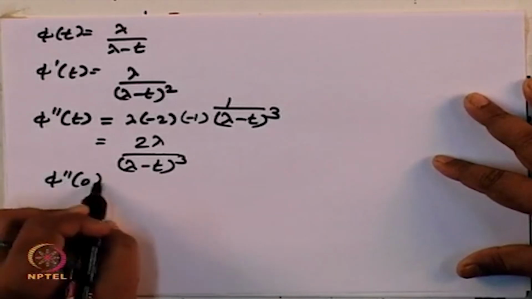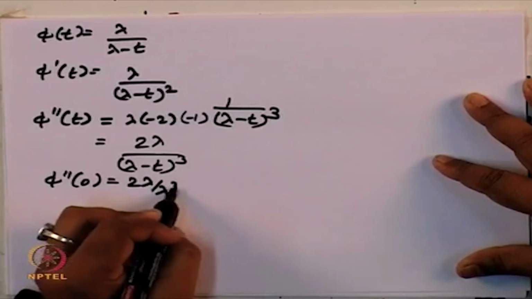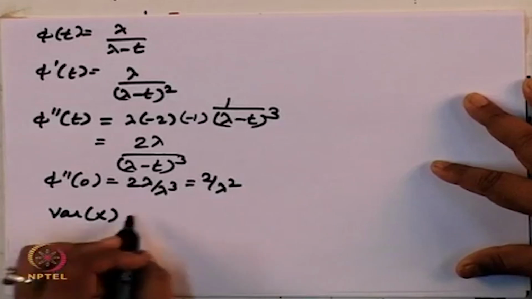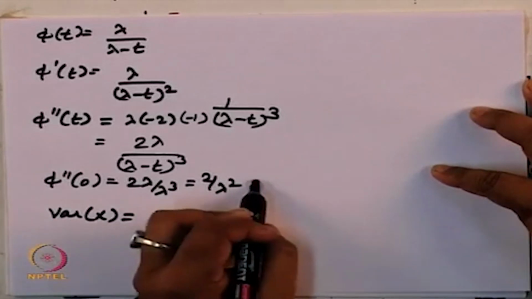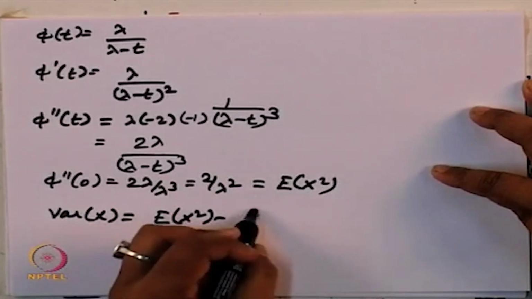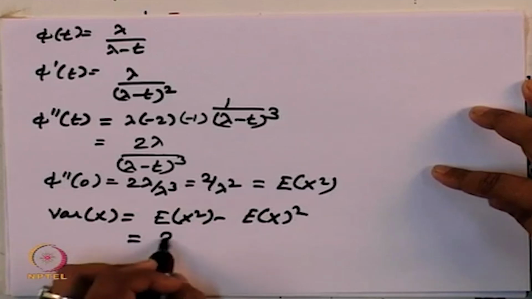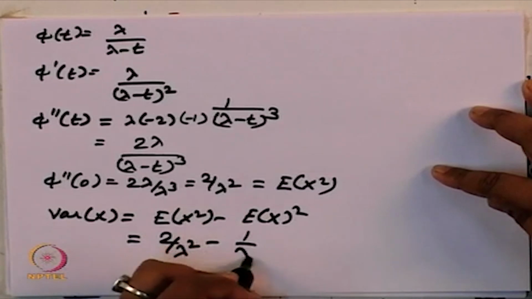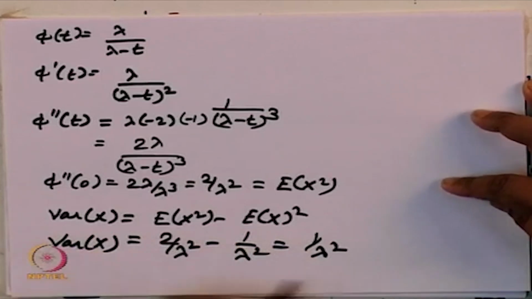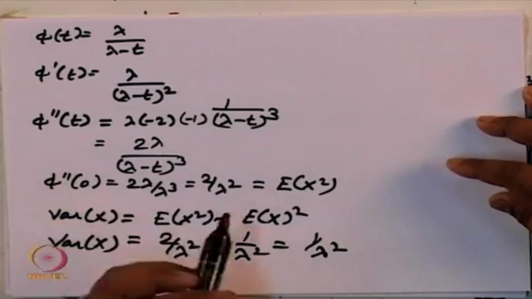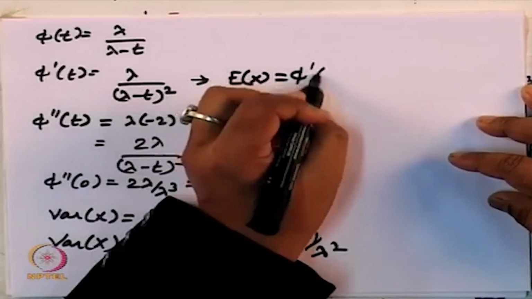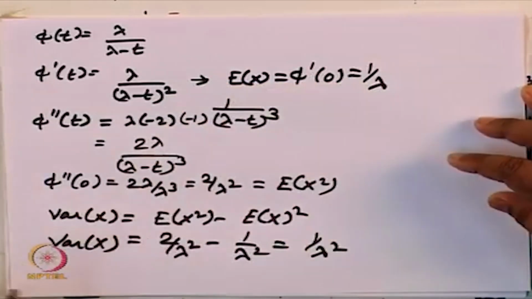So phi double prime of 0 will be 2 lambda by lambda cubed, equal to 2 by lambda square. So the variance of x is E of x square minus (E of x) whole square, equal to 2 by lambda square minus 1 by lambda square, which is 1 by lambda square. So the variance of x gives you 1 by lambda square, and the expectation of x is phi prime of 0, equal to 1 by lambda.